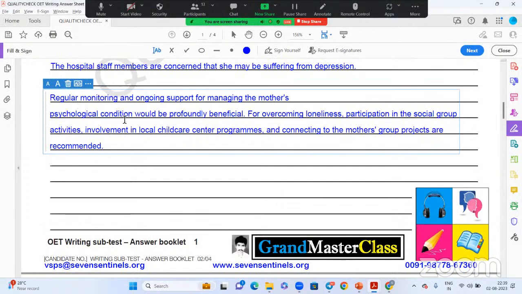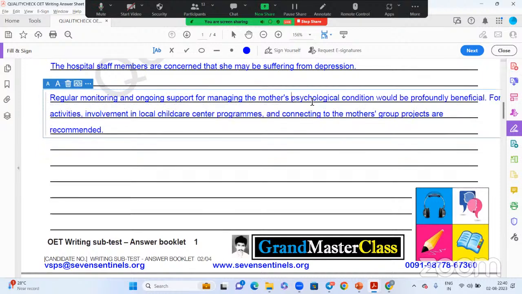Regular monitoring and ongoing support for managing the mother's psychological condition are advised. Regular monitoring and ongoing support are advised.